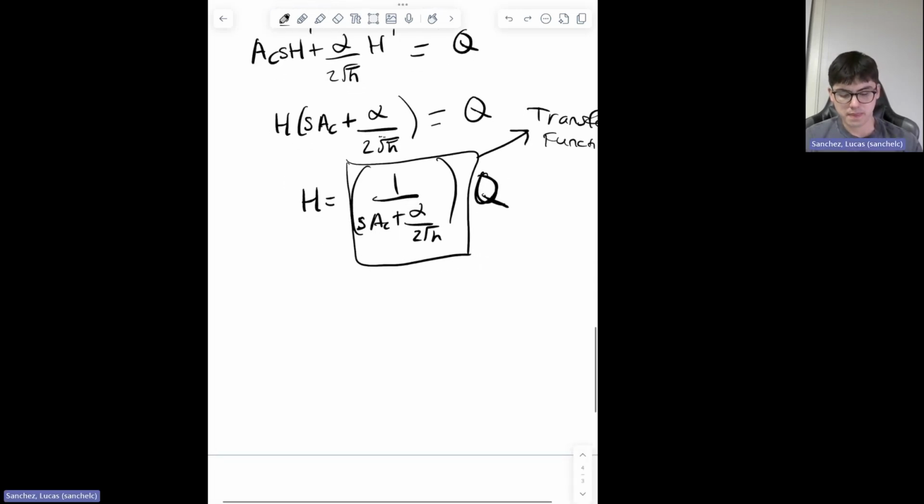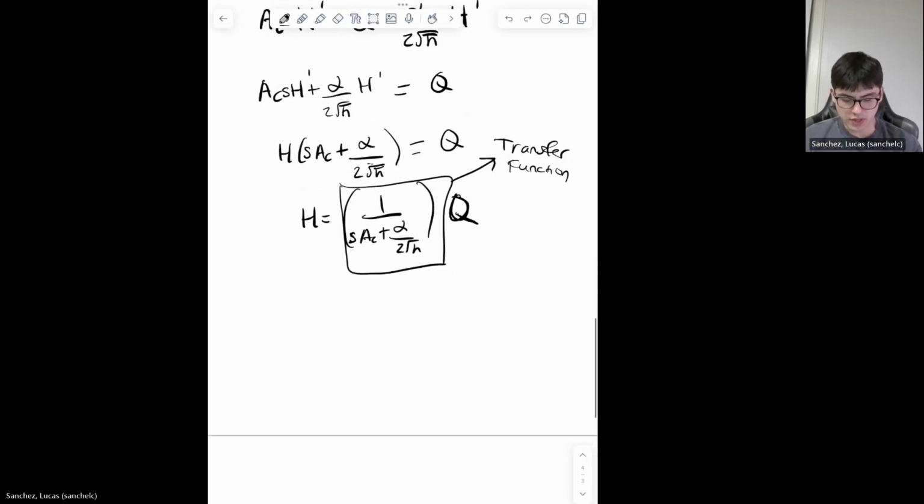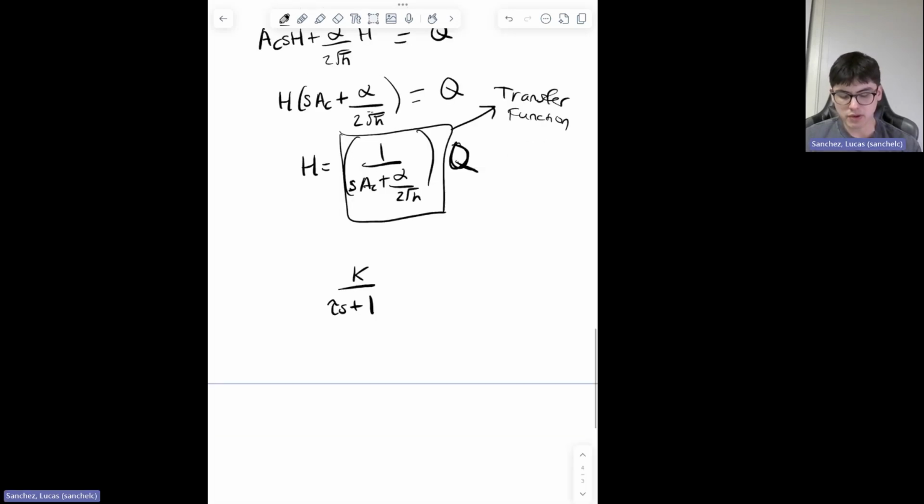All right. So it's similar to the form of a function, k over tau s plus 1. We want to get that form, so we simply have to divide the bottom by alpha over 2 square root of h bar. So we'll do that, and we multiply the rest as well.